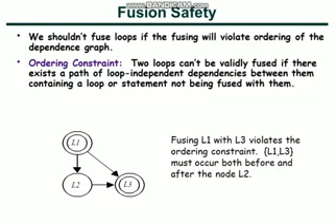And what is ordering? Two loops can't be validly fused if there exists a path of loop independent dependencies between them, containing a loop or statement not being fused with them. To understand this, see this example.